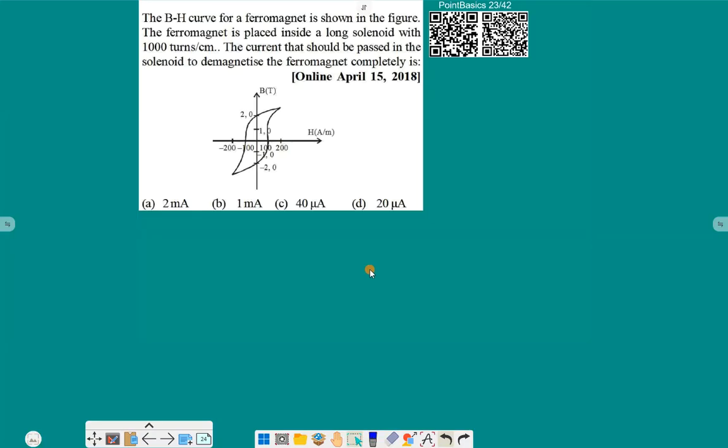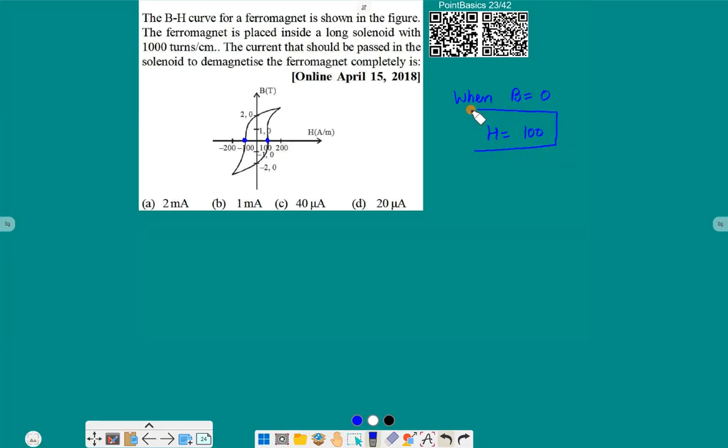As asked in the question, we need to find the current so that the material gets demagnetized, and we know that when the material is demagnetized, its net magnetic field will be 0. In this graph, there are 2 points where the magnetic field of the material is 0, and on both of these points we get the value of H. So when B is equal to 0, then H is equal to 100.